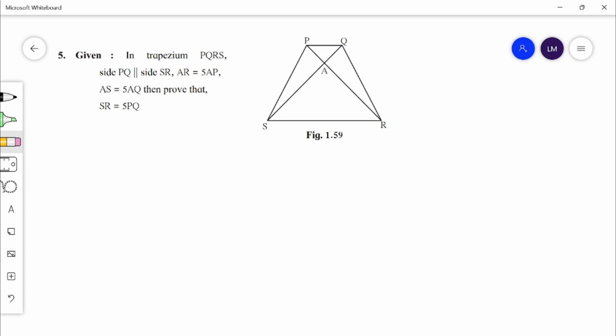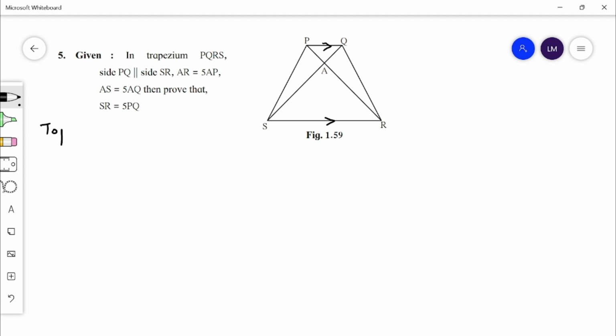In trapezium PQRS, side PQ is parallel to SR. So here this PQ is parallel to SR. Next, AR is equal to 5 AP, AS is equal to 5 AQ. Then prove that SR is equal to 5 PQ.